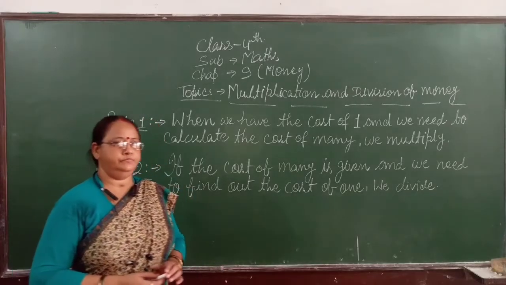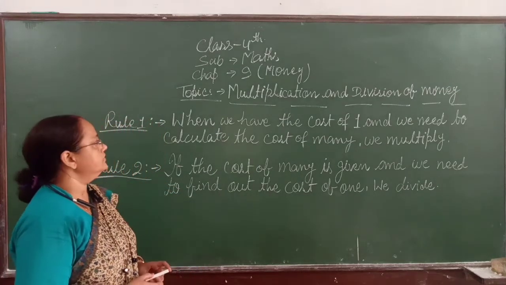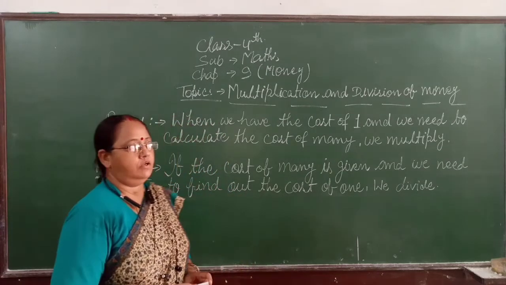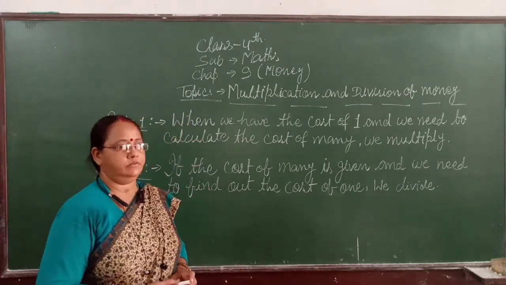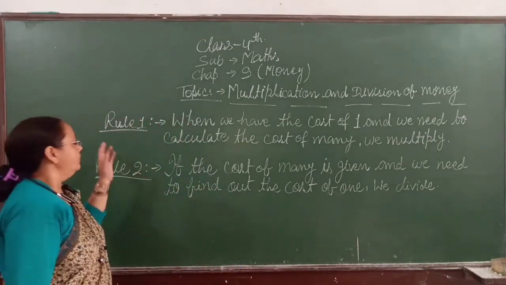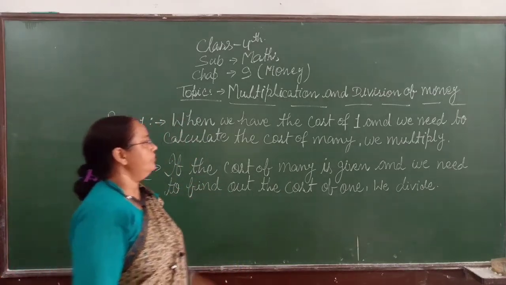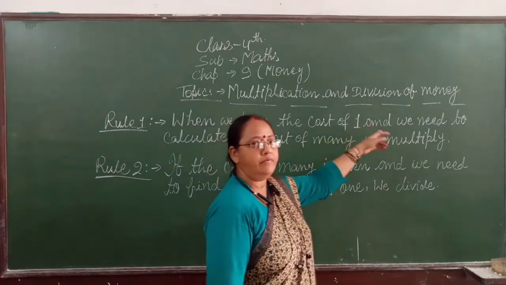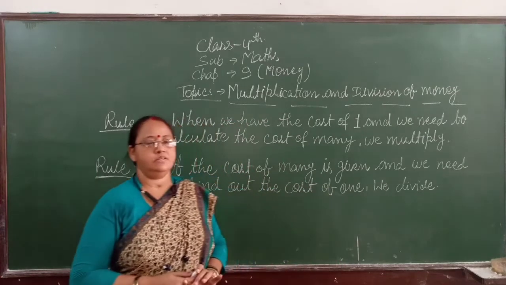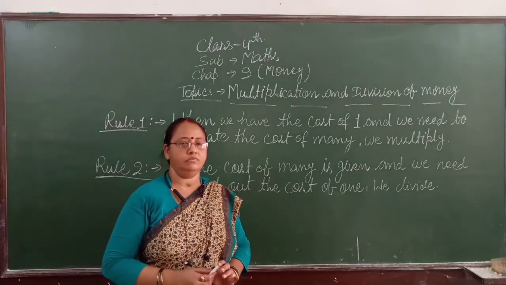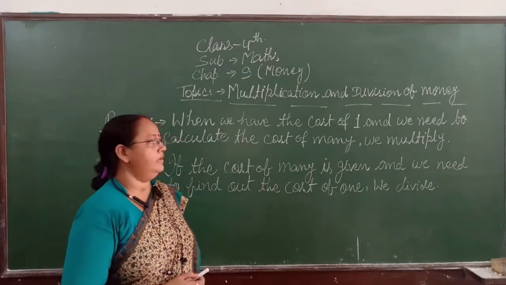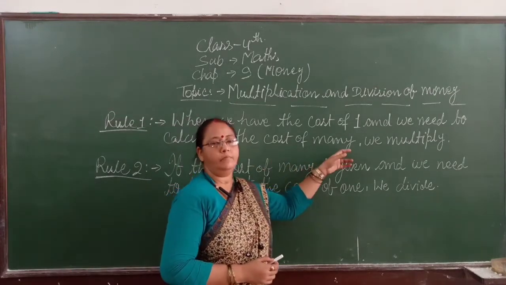And now students, we start multiplication and division of money, where we multiply and when we divide. Rule first, when we have the cost of one and find out the many, जब कभी हमें किसी एक चीज की कॉस्ट पता हो, we have to find out many, then we have to multiply there. वहाँ पे हमको multiply करना पड़ेगा.